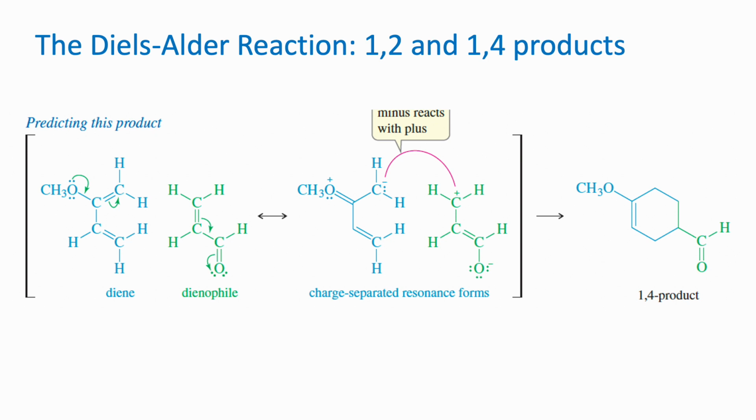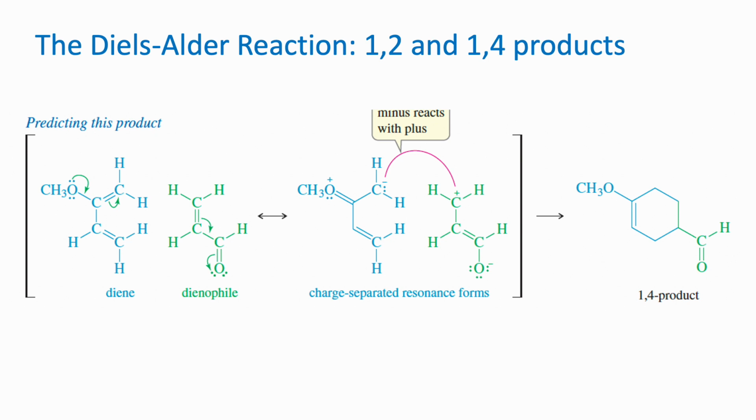If I tried to flip my diene like a pancake, like I had suggested on the last slide, then our negatively charged carbon would be on the bottom of this molecule, and the carbon that it would be trying to react with in the Diels-Alder reaction would not have a positive charge. So that is not as favorable an orientation as what we're seeing in this resonance structure, where negative can react with positive, and the negative is the outcome of being next to that donor group.